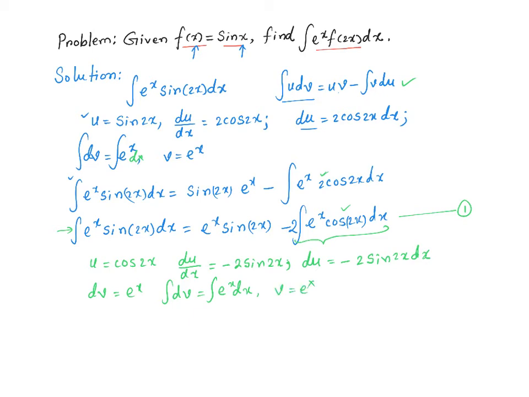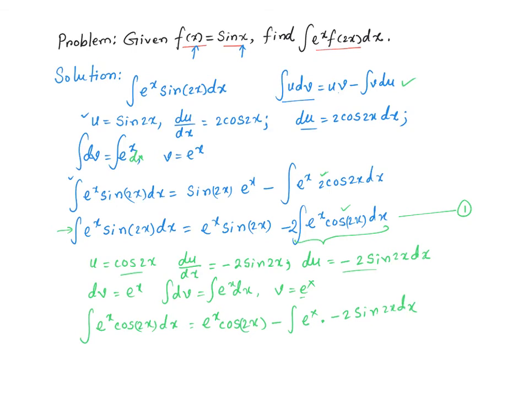So the integral e to the power x cosine of 2x dx is equal to uv minus integral v du. u is cosine of 2x, v is e to the power x, so it's e to the power x cosine of 2x minus integral v du, which is e to the power x times negative 2 sine of 2x dx.